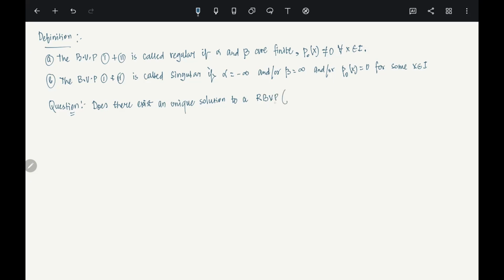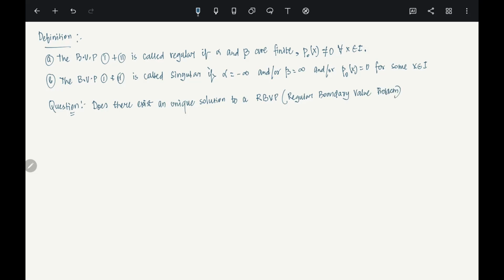Because it's a very big term, I don't want to write it all the time, so this is called regular boundary value problem. So we want to know whether there exists a unique solution or not.